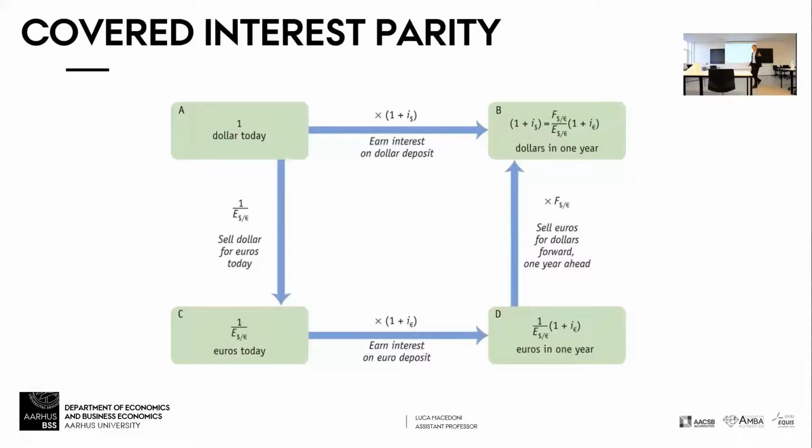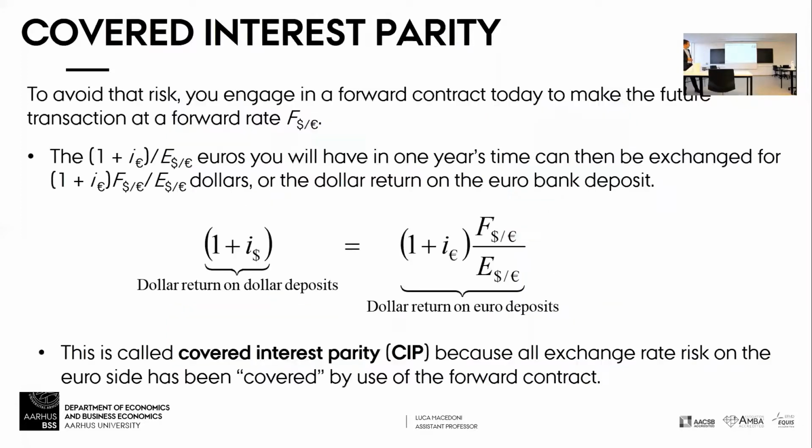Now, what's the point here? Why do these two things need to be equal to one another? Well, if the return on dollar deposits is higher than the dollar returns on euro deposits, converting dollars into euros today and then converting back into dollars a year from now with the forward, if this is larger than this, you're just going to buy dollars.